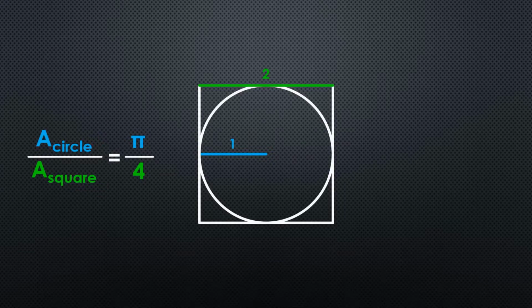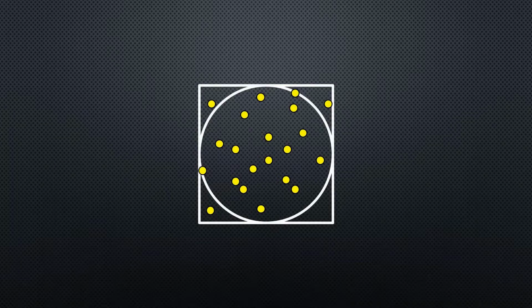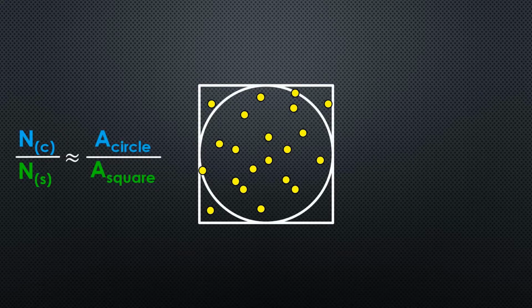Now then, let's imagine generating a set of random points inside of the square. The ratio of the number of points that also fall inside of the circle, which we can call NC, divided by the total number of points generated inside the square, which we can call NS, will be approximately equal to the ratio of the areas.